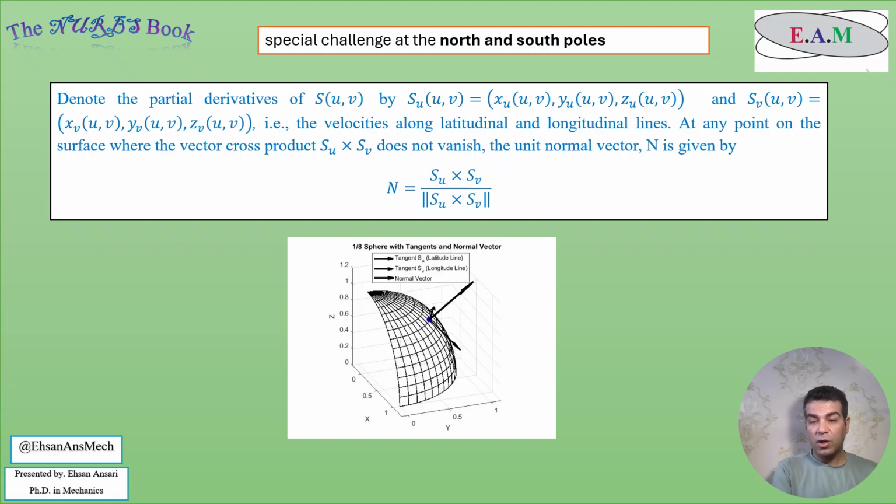We can compute the unit normal vector as n, but again at the pole where Sv equals 0, the cross product becomes 0 and the normal vector is undefined. This is a common example of how singularity in parametric surface can impact geometric computation.